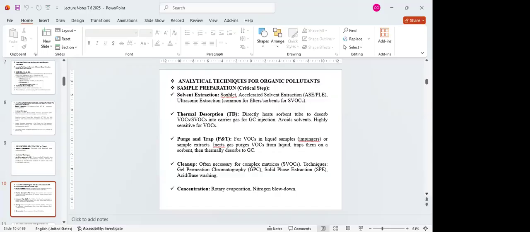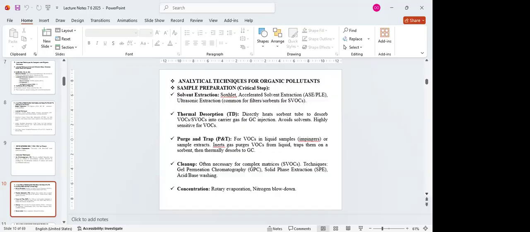VOCs or SVOCs into a carrier gas, and this is then channeled to a GC injection, or what I call the GC kitchen. Now, the advantage with this is that you ensure by this process that you come in contact with little or no solvent.